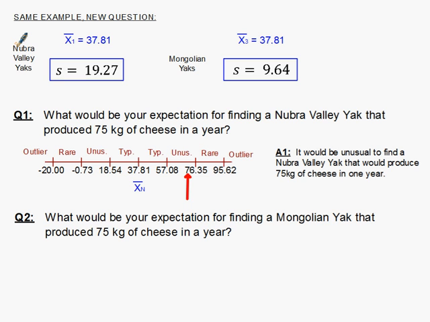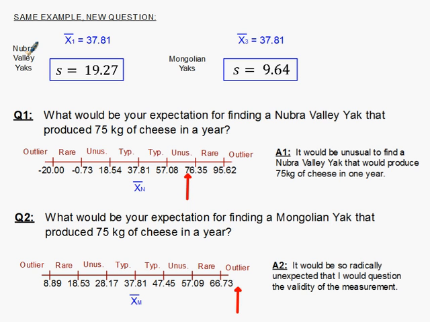Another question would be, what would be your expectation for finding a Mongolian yak that produced 75 kilograms of cheese per year? We have a different spread. If we do our Mongolian sample mean and do our 1, 2, 3 sample standard deviations, now using this 9.64, we get different boundaries, and 75 turns out to be way out here as an outlier.